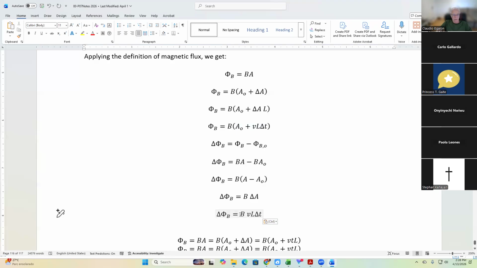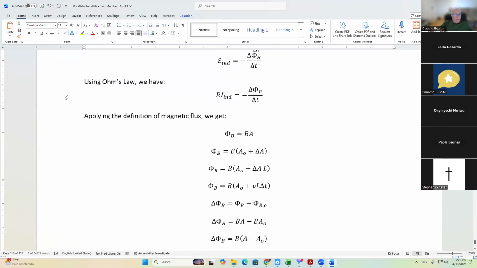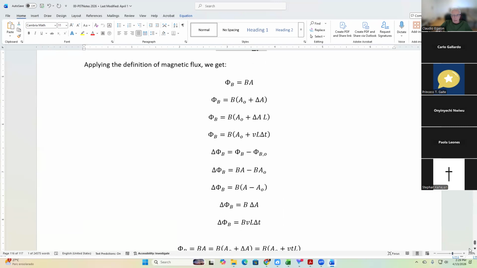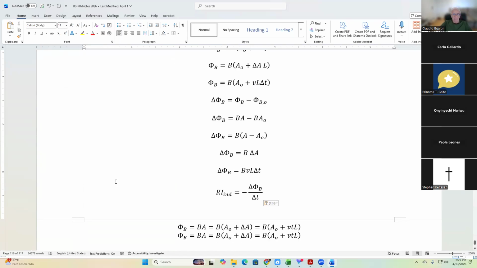We didn't finish yet. Now look what happened. We know B, we know V, we know L, but we do not know delta T, and you do not need to know delta T. Why is that? Because of this equation right in here. Notice that delta flux must be divided by delta T, right?